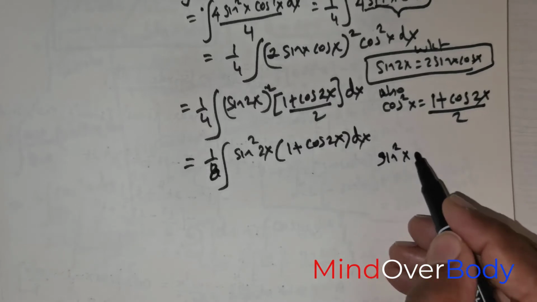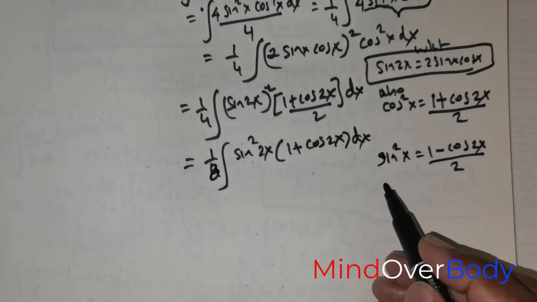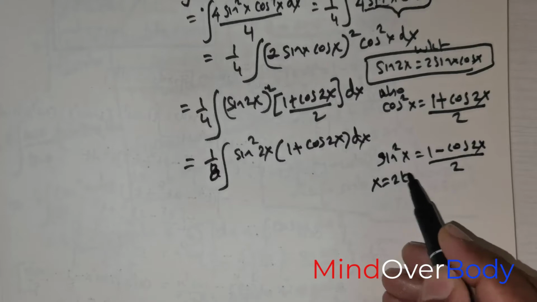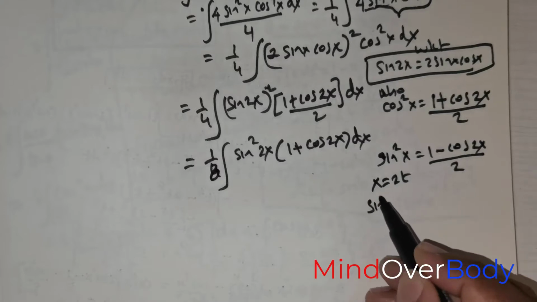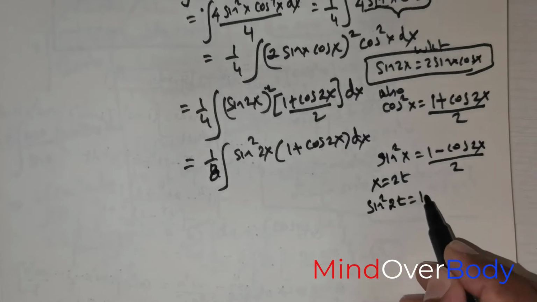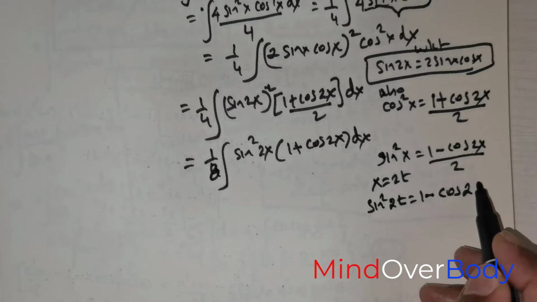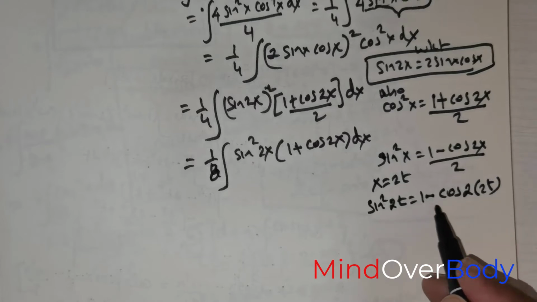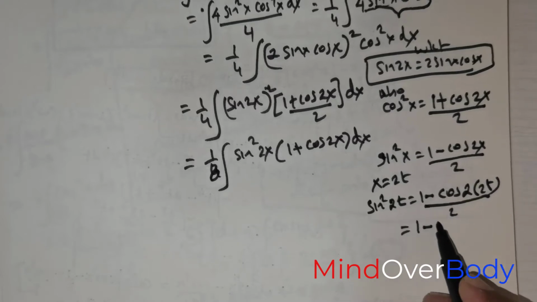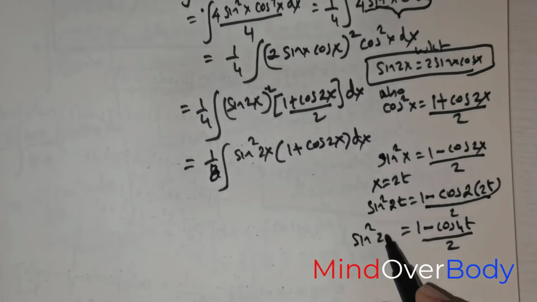Sin squared x is equal to 1 minus cos 2x over 2, and if I were to take x equal to 2t, let us assume that this is going to be sin squared 2t is equal to 1 minus cos of 2, in place of x is going to be 2t divided by 2, which is equal to 1 minus cos 4t divided by 2, which is nothing but sin squared 2t.